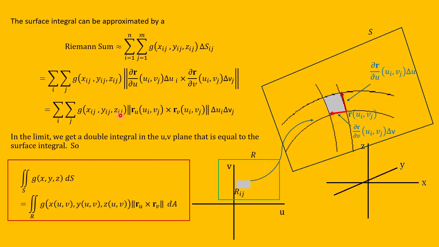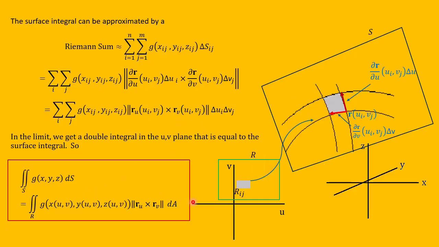If we look at this Riemann sum, delta u sub i and delta v sub j are basically the dimensions of this little rectangle down here, and that's mapped over here where this area was what we saw over here.